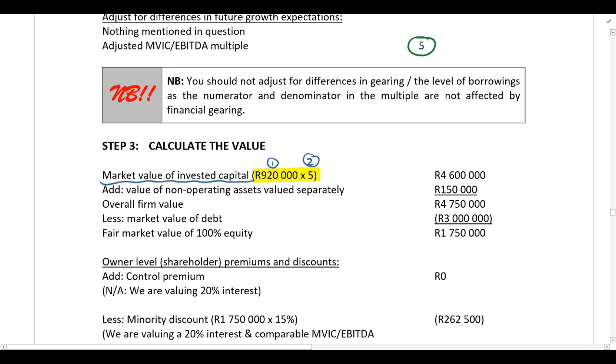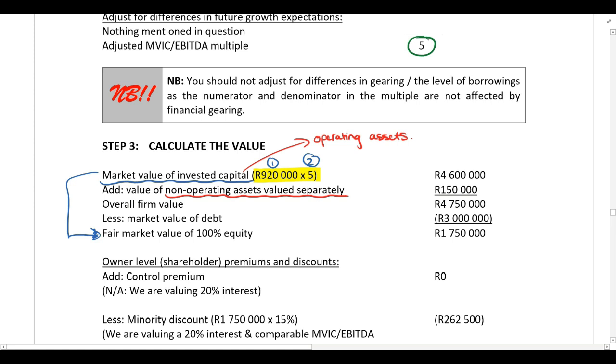We now need to adjust that so that we can get the value of equity. So the market value of invested capital is the market value of my operating assets. So if I want the total value of the company's assets, first I need to add any non-operating assets that are valued separately.